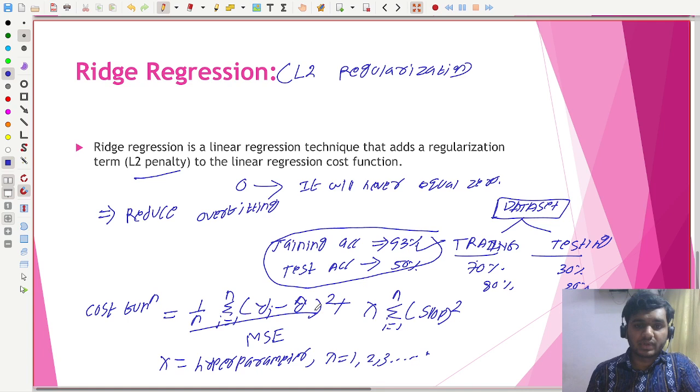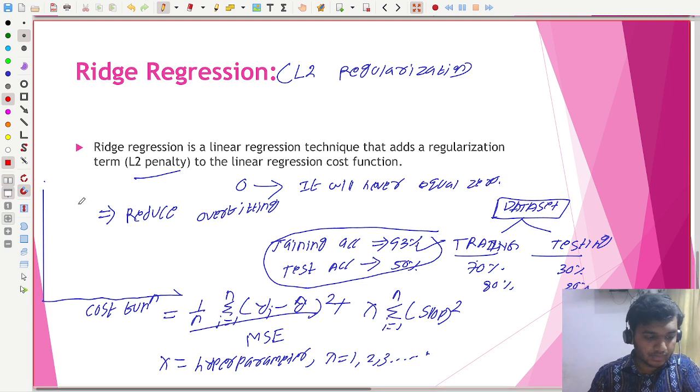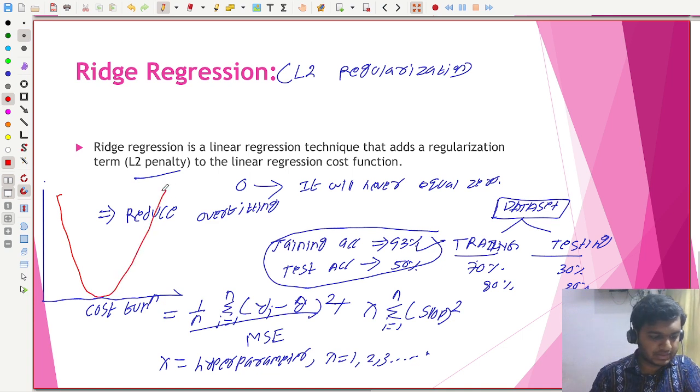You notice lambda equal to 1, 2, 3, and so on. So if you draw this line like this, it is for lambda equal to 0.